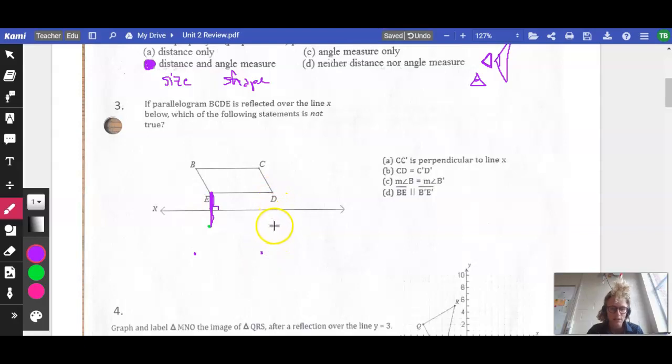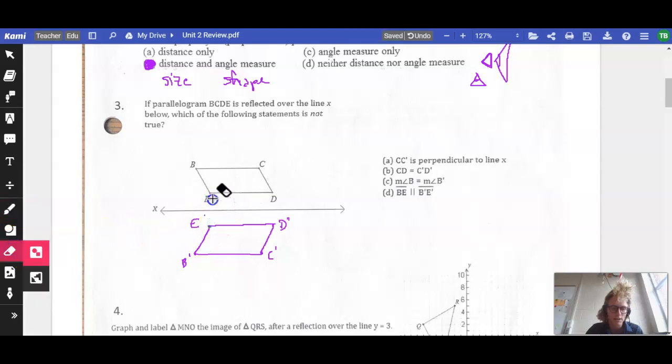And then for D, that'd be roughly right here. So that's D prime, that's C prime, E prime is up here, and then B prime. And I can connect all of these. So we can see here that we truly do have a reflection, to the best of my ability.